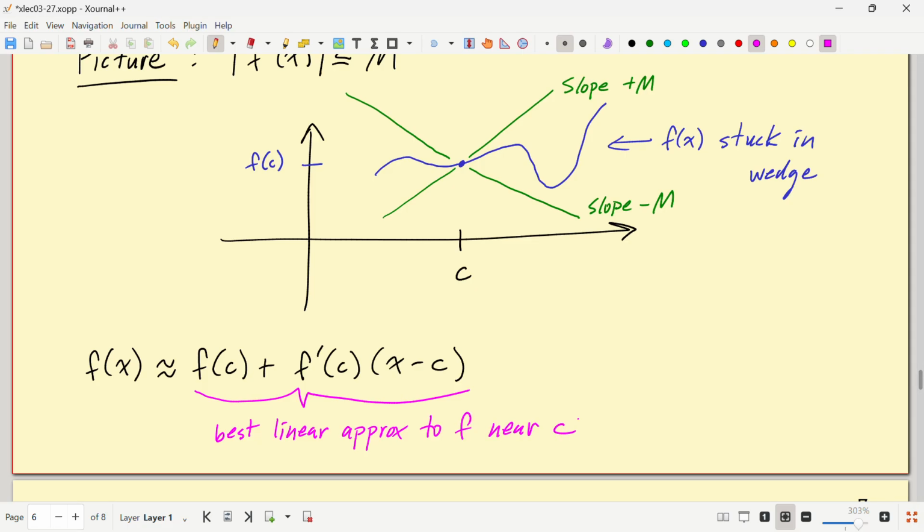And you can use the mean value theorem to estimate the error of the approximation. In fact, if you look at it there, you can kind of see the mean value theorem staring you in the face.